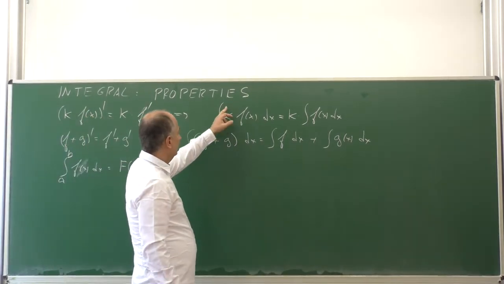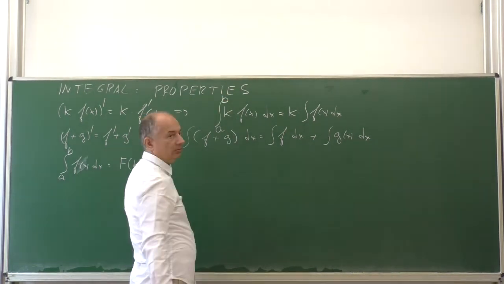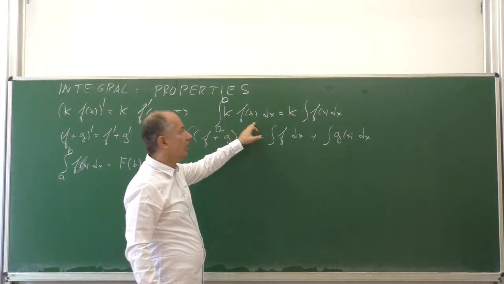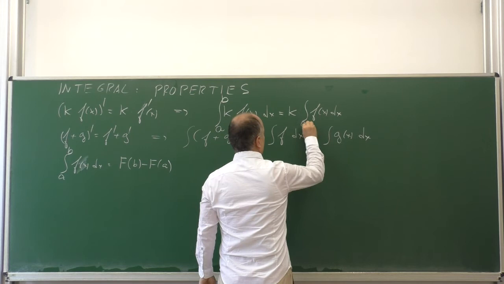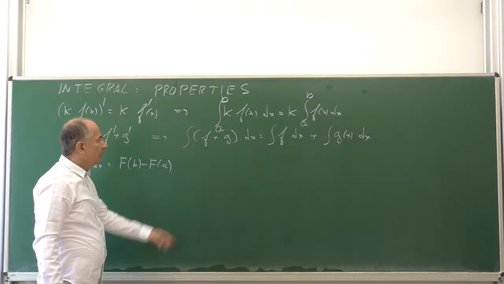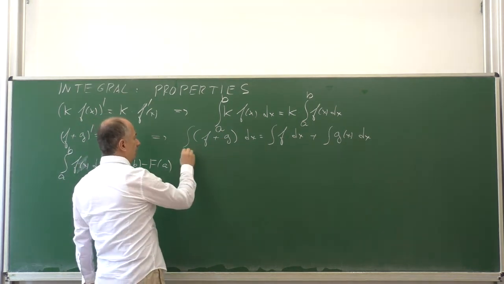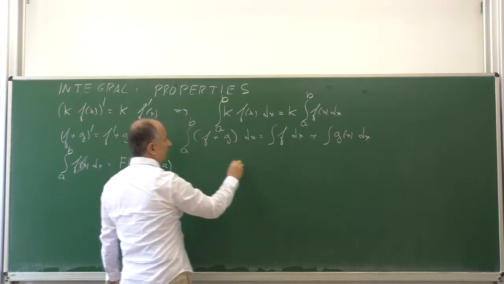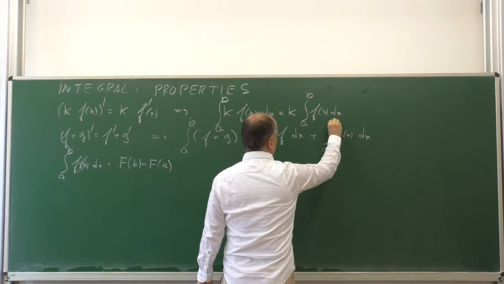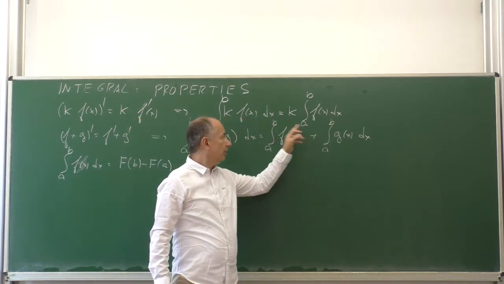So if we take the definite integral here, then the definite integral of constant times a function is again constant times definite integral from a to b. Similarly, if we have here integral of sum in the definite integral, then this is the same for definite integrals with the same limits, a, b.